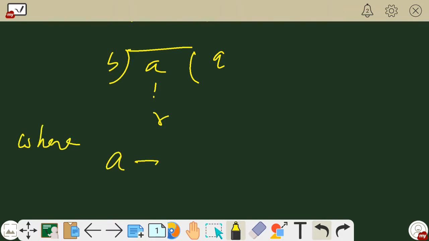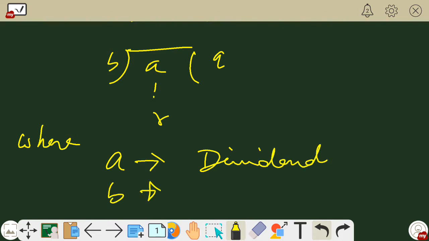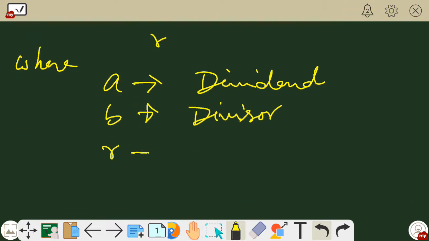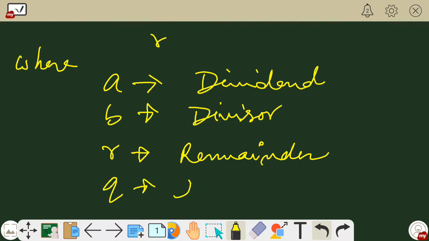Here a is the integer value which is said to be the dividend, and b is defined as the divisor, r as the remainder, and q as the quotient.